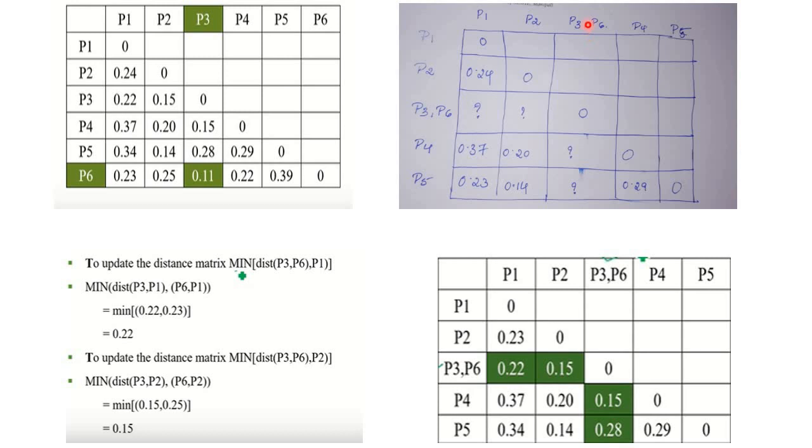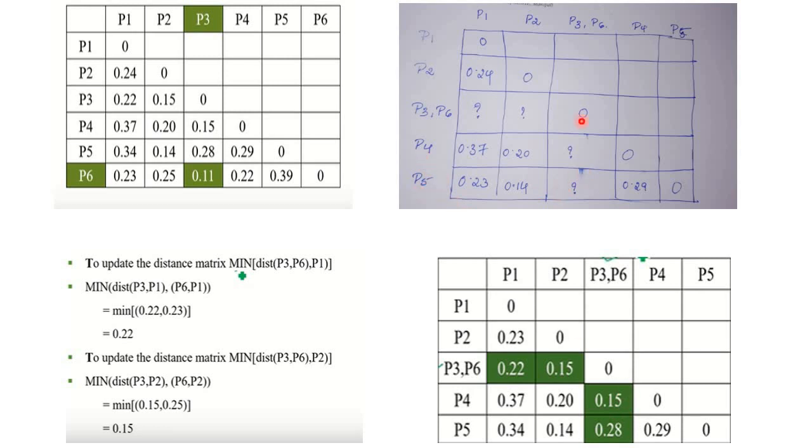Next, P3, P6 to P4. First I should find P3 to P4, which is 0.15, and P6 to P4, which is 0.22. So 0.15 is smaller here, so I fill that value with 0.15.